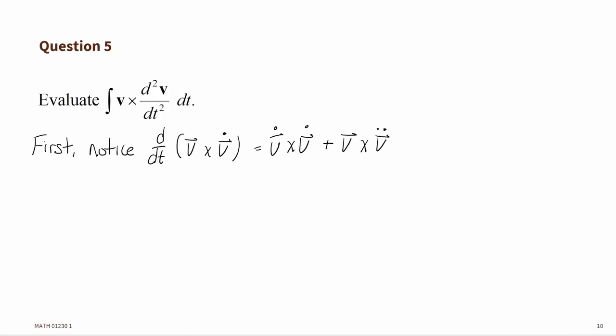Any vector cross itself is 0. So that's just the 0 vector. And if you add the 0 vector to a vector, nothing happens. So we're left with v cross the second derivative of v with respect to time.